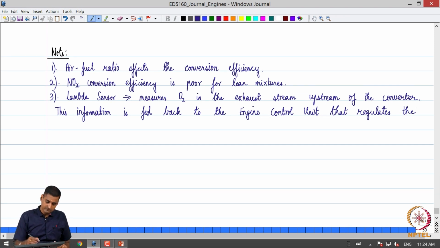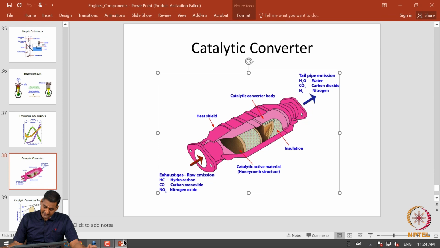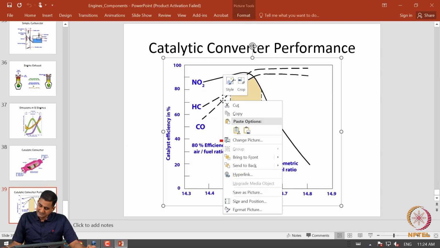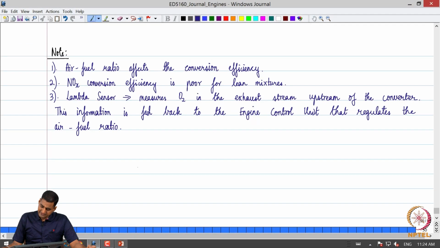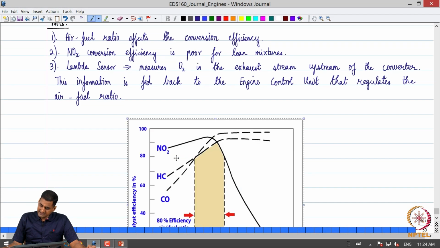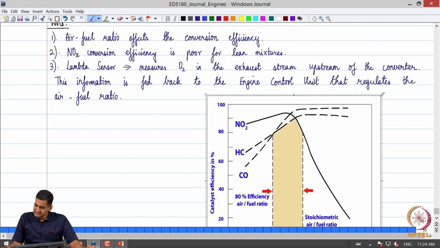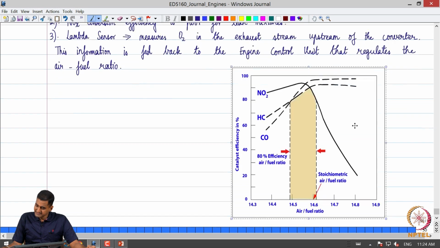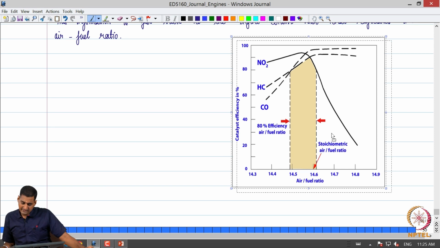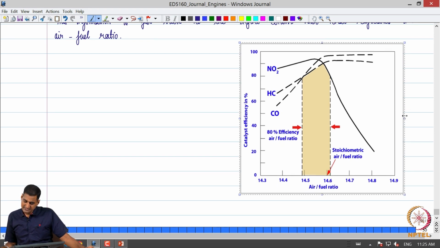So, these are some critical points attributed to catalytic converters. If you look at the actual performance of a catalytic converter, and if you look at some performance maps, a typical map may look something like this. In this figure, the efficiency of the conversion process has been plotted against the air fuel ratio.